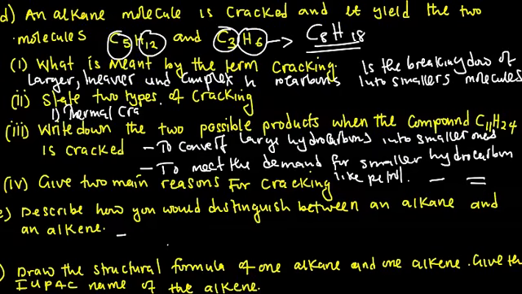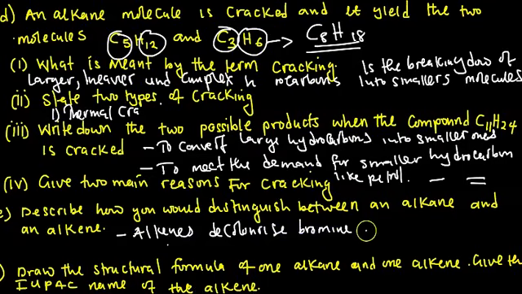So we are going to look at it in terms of their testing. Alkenes decolorize bromine water. Bromine water is red in color. When alkenes are put in bromine water, it becomes colorless.